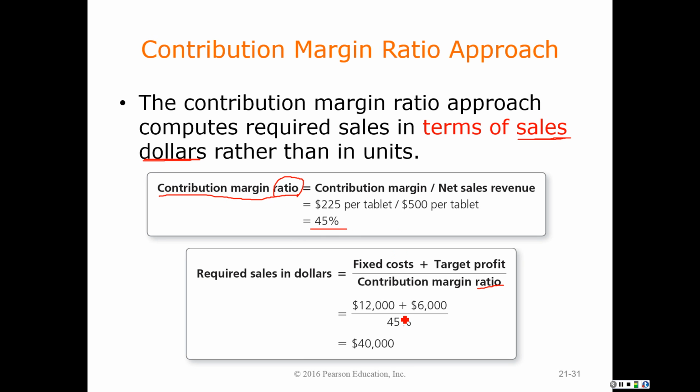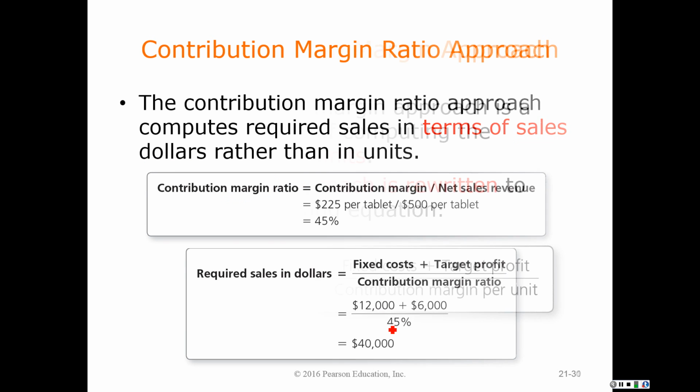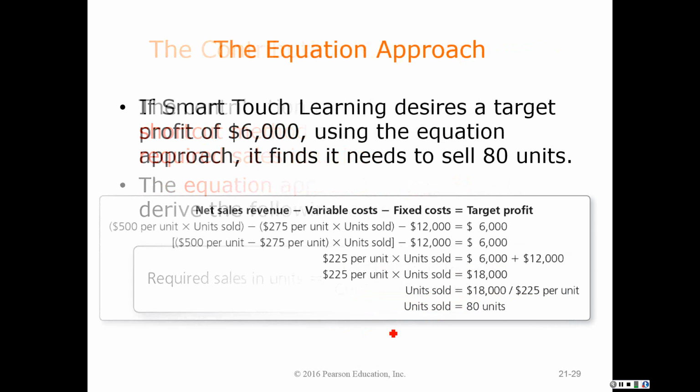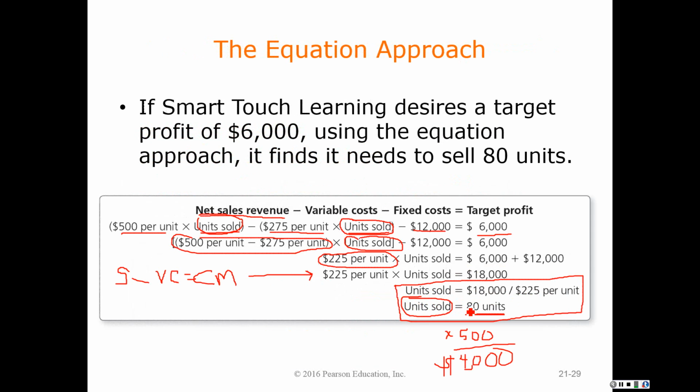So if I take that same 18,000 that I was trying to generate and divide it by 45%, I get 40,000 sales dollars. So I messed up back here. Let me back up in my math. If we have 80 units, I need another zero, so 40,000. Sorry about that. But the same process works.